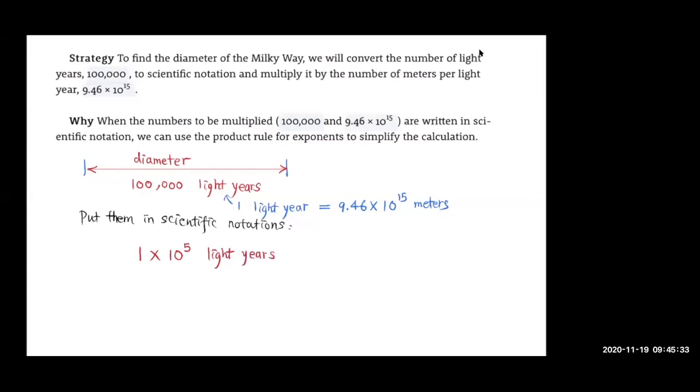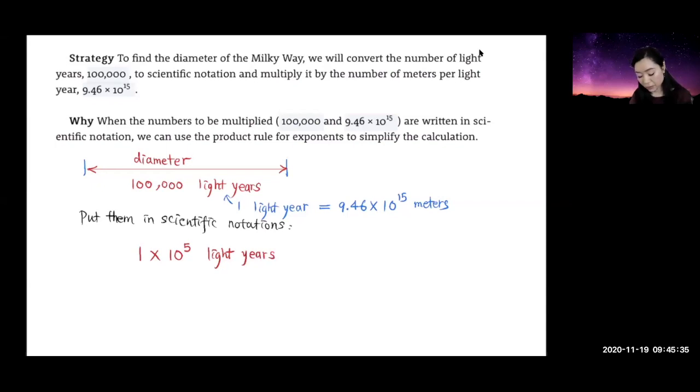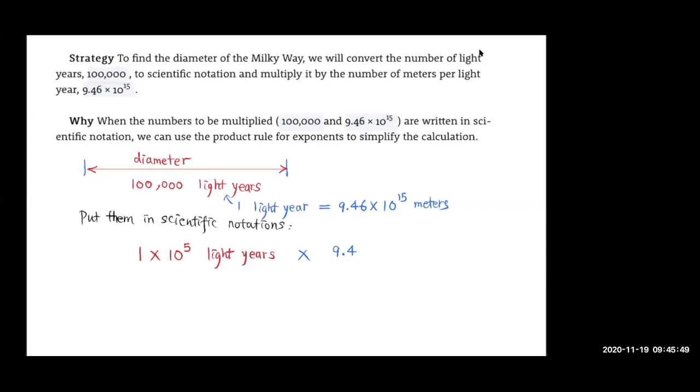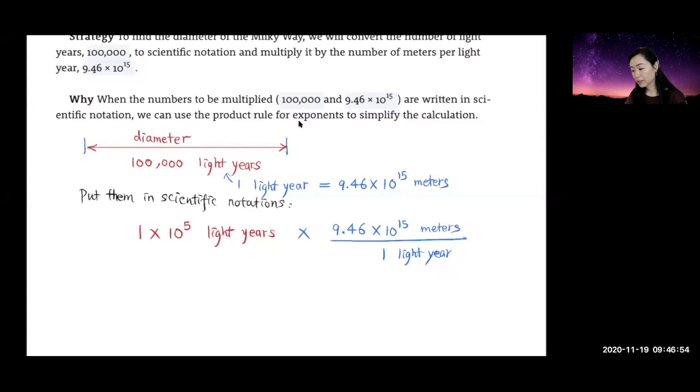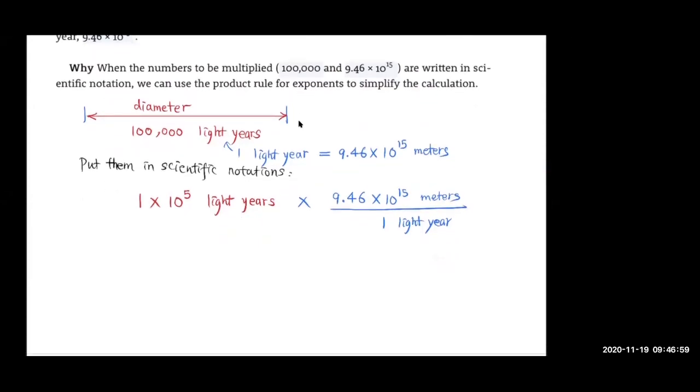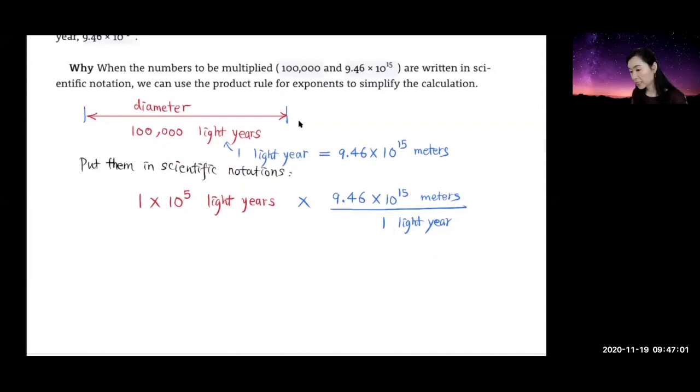Now to convert that into meters, we do the unit conversion, right? So we multiply it by 9.46 times 10 to the 15 meters. Remember, this is for 1 light year. So we're given 1 light year is 9.46 times 10 to the 15 meters.